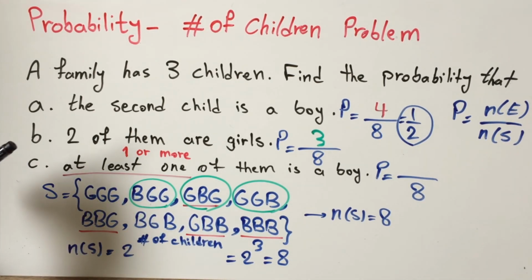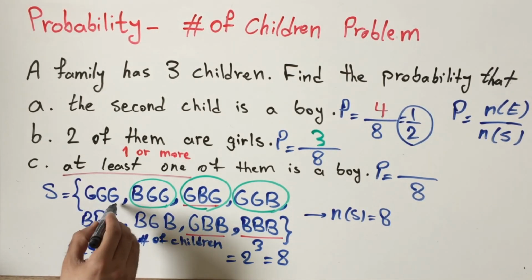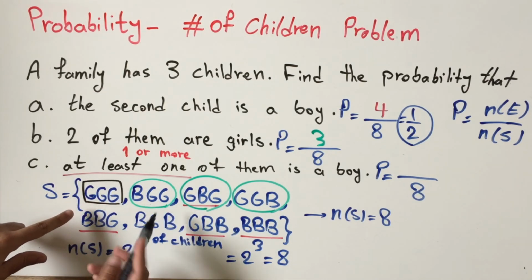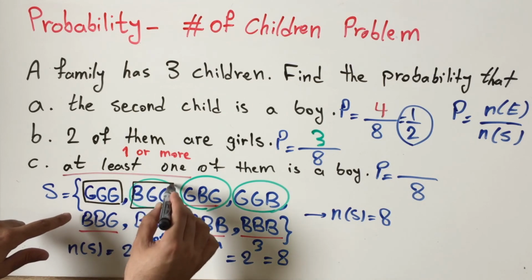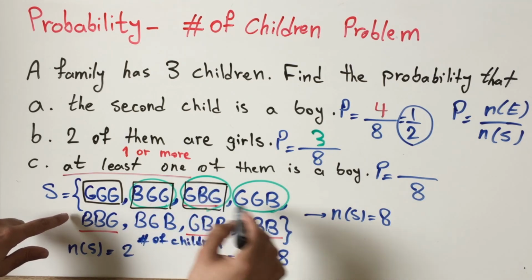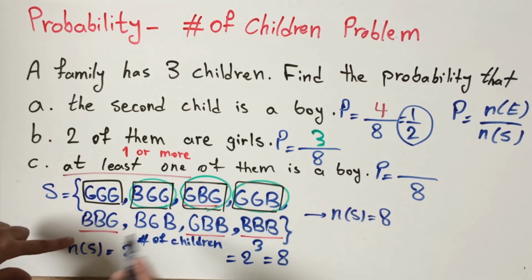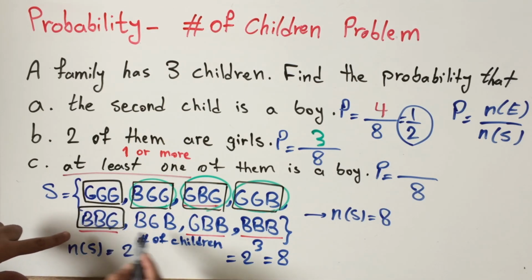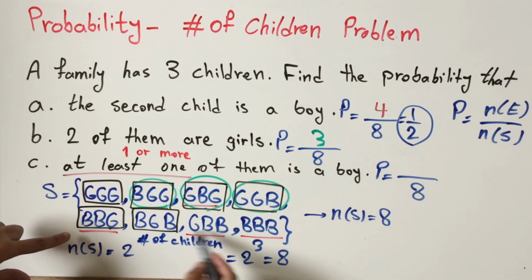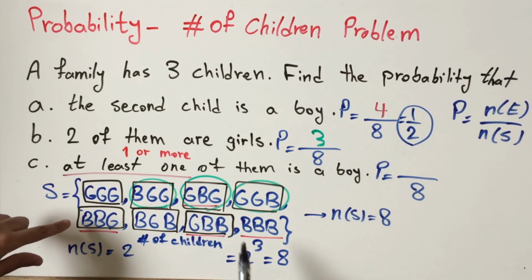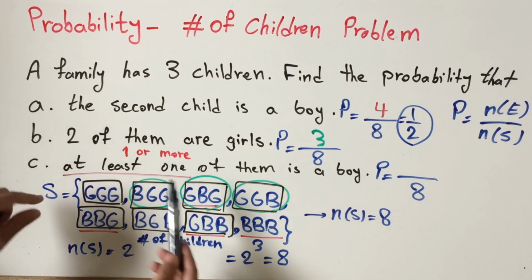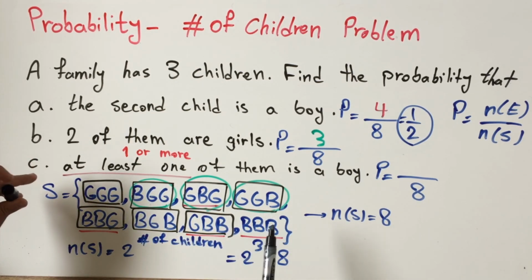The first one has 3 girls, and that is good. I'm going to show this with black. So this one is okay. This one has 2 girls, again it's okay. These ones as well, they have 2 girls. This one has 1 girl, so again it's acceptable. 1 girl is okay, again 1 girl is okay. And the last one doesn't have any girl, and we need at least 1 girl, so this is the only one that is not acceptable.